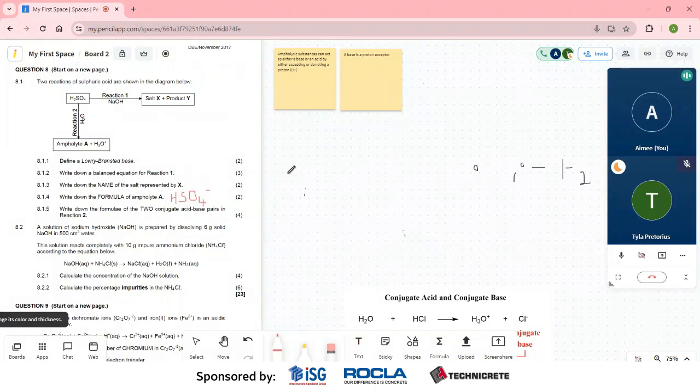And the reaction pairs were H2SO4 and HSO4 minus. This is my acid and my conjugate base. Why? Because my acid donates a proton, because you see it has lost a proton in this format here.